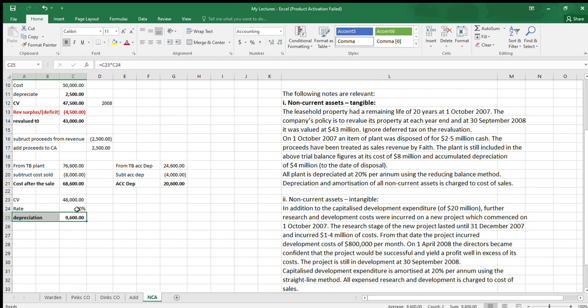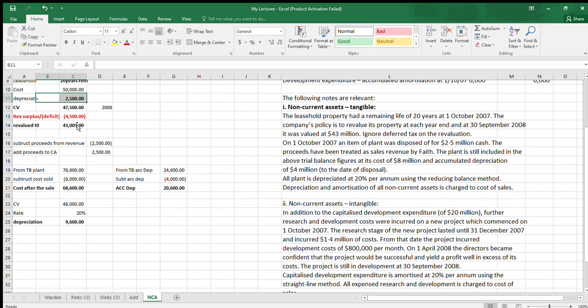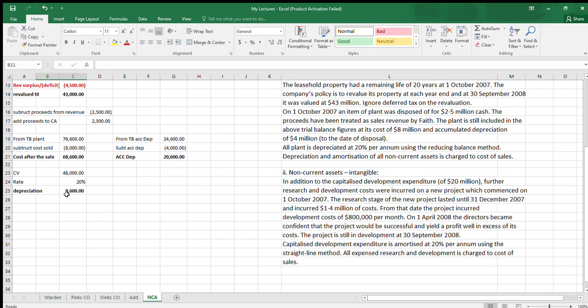So we have a depreciation here of 2,500 for the revaluation, and we have a depreciation here of 9,600. Are you getting me? So now the carrying value of the plant that is supposed to be in the financial statement, the carrying value in FS financial statement is equal to this minus the depreciation.